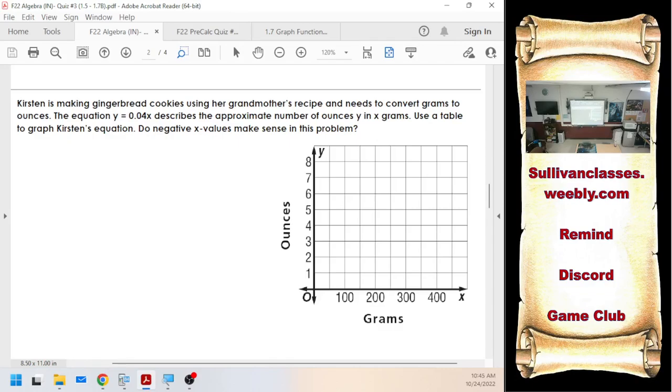What did he just get done saying? I have no idea how to graph this. Do you really want to go up 4/100ths over 1? Up 4/100ths over 1? Enough times to fill a graph that goes out to 500? Or, how about we choose a table?